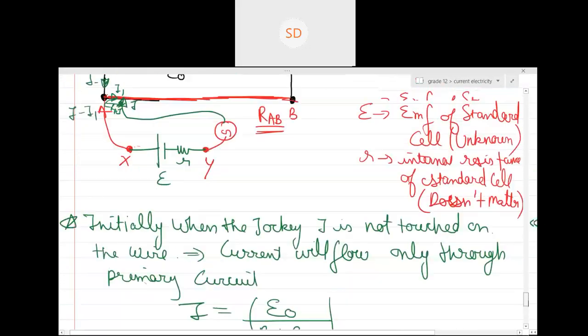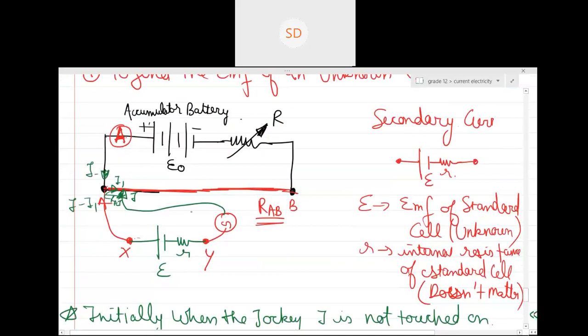Can anyone apply Kirchhoff's loop rule over here? What is the current flowing through this branch? It is I minus I1. And what is the current flowing through this? From A to J, I1 current is flowing. So if I start walking from A, I'll go from the positive terminal of this battery, hence minus E. Then minus (I minus I1) into R, then minus I1 into small r. And then the galvanometer, I'm assuming, doesn't have any resistance over here for simplicity purposes only.